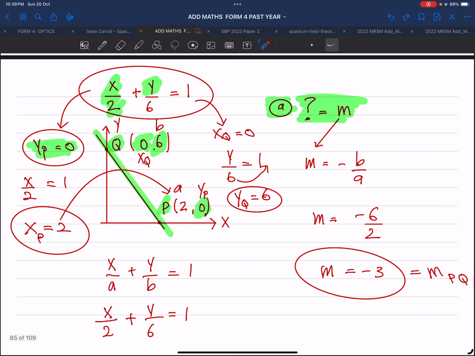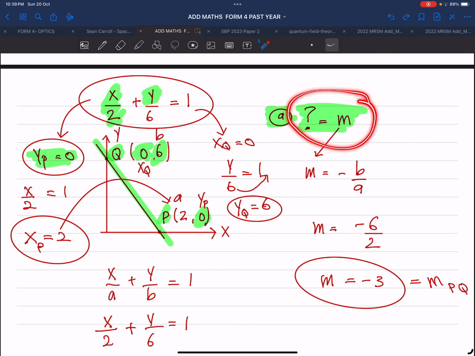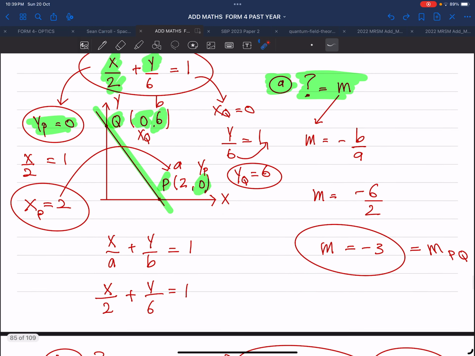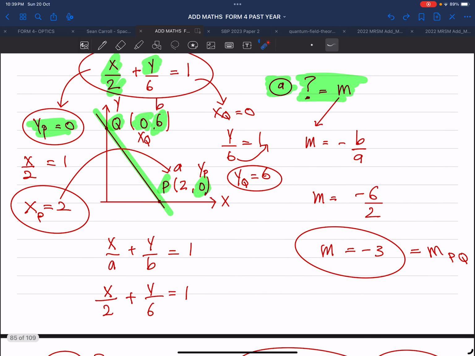So part A, find the gradient. Because the equation is in intercept form, I'm using the formula gradient is negative b over a. And our b was 6. Our a was 2.